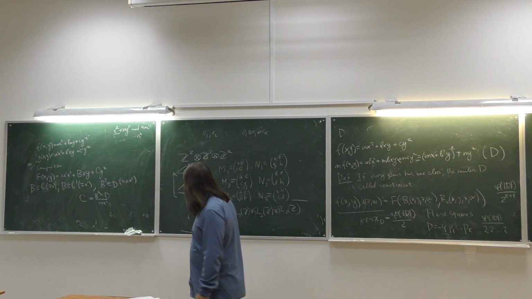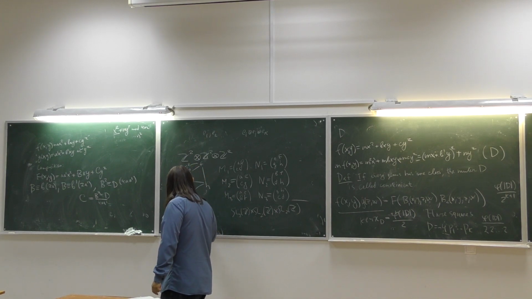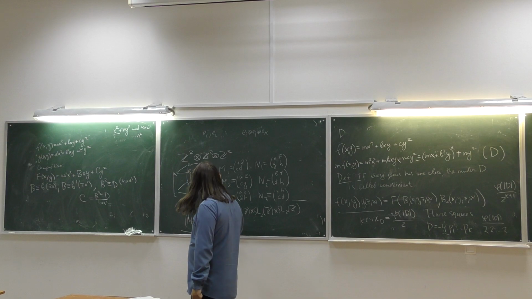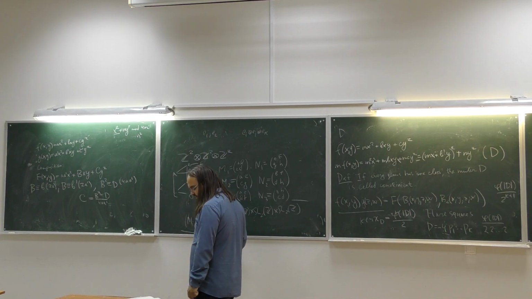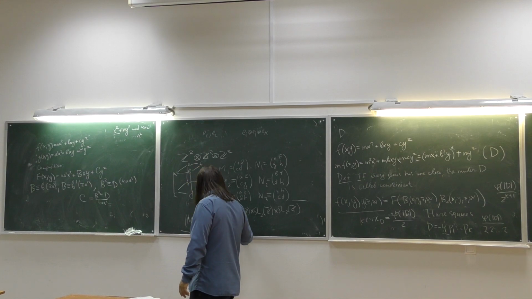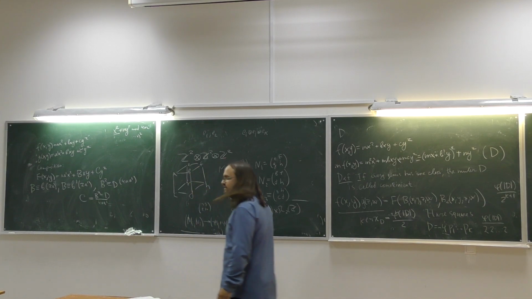The ith component maps Mi and Ni into, say, if you have R, S, T, U, you get R Mi plus S Ni, comma, T Mi plus U Ni. Okay?